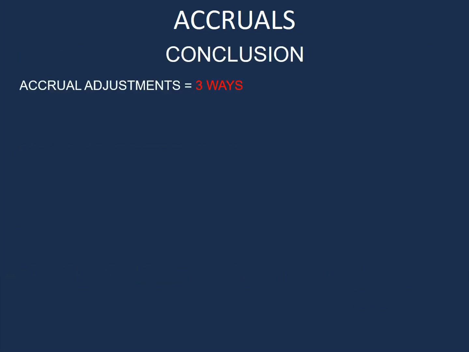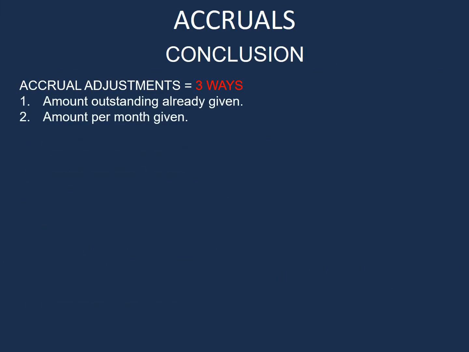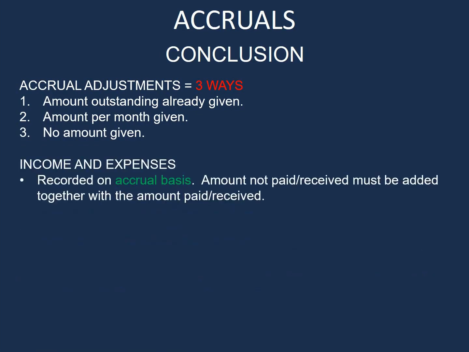So to conclude, we can work out our accrual adjustments in 3 ways, which is the amount already given, the amount per month given, or no amount given. Our income and expenses are recorded on an accrual basis, which means that the amount not paid or received must be added together with the amount paid and received.